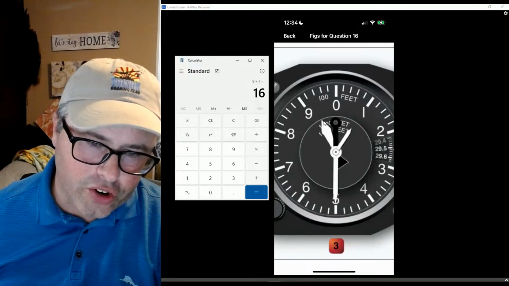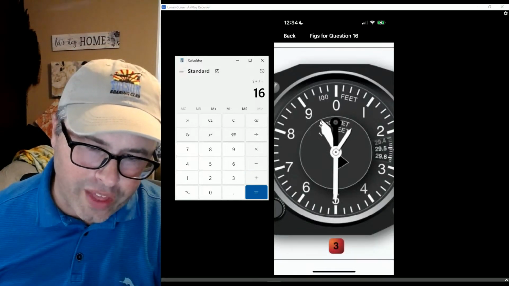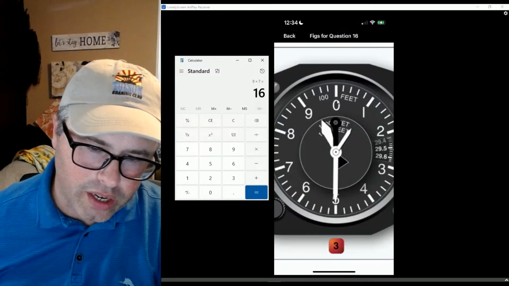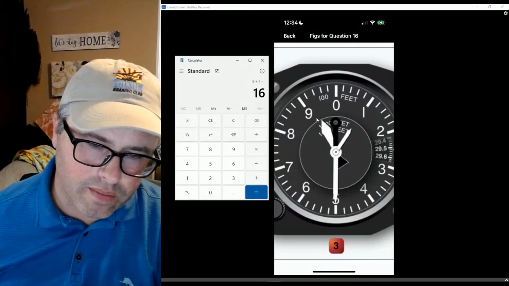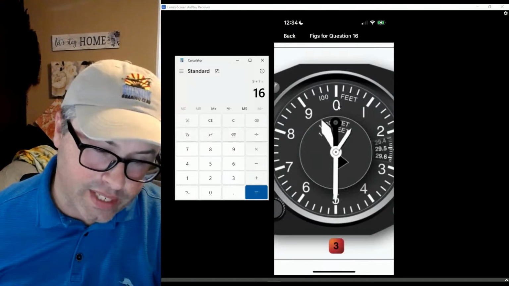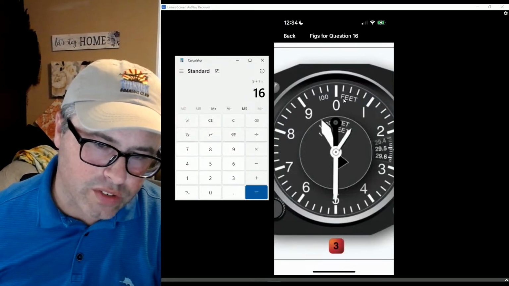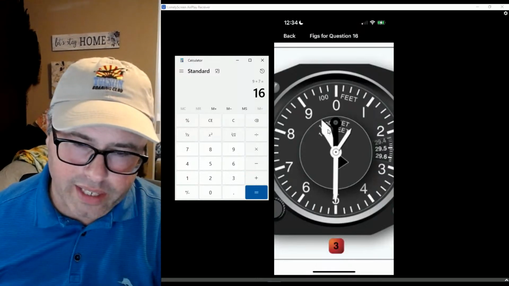Your thousands of feet marker is between the 9 and the 10, and hundreds of feet is on the outer marker. That's for the minute hand there. So let's take a look.